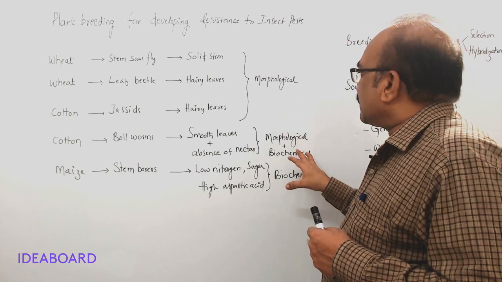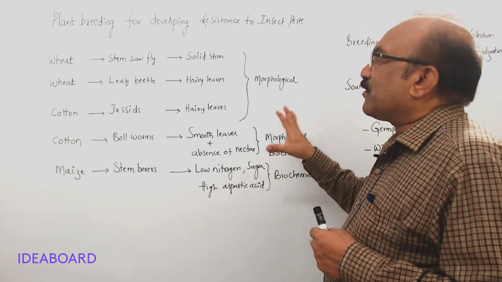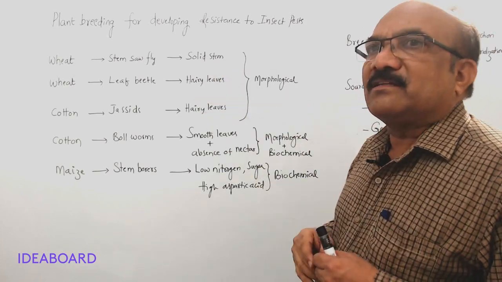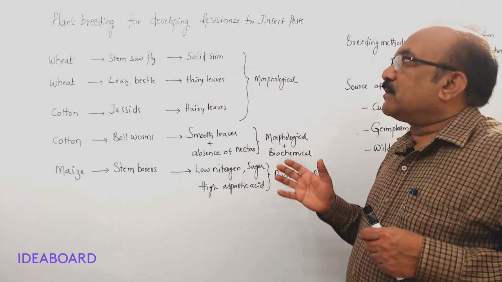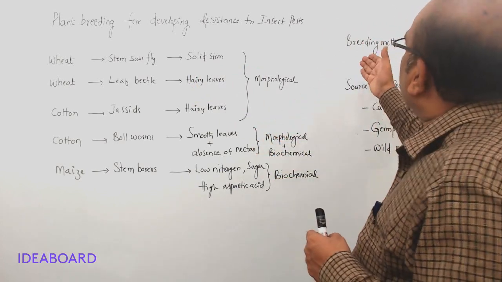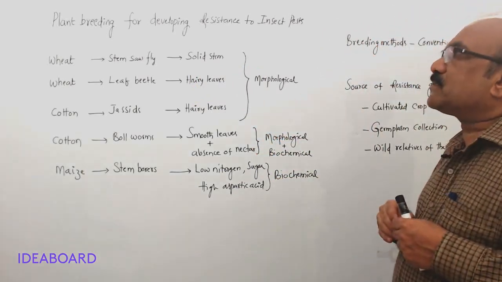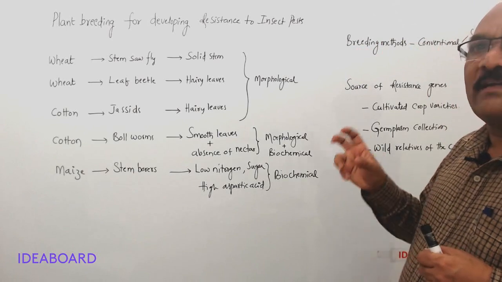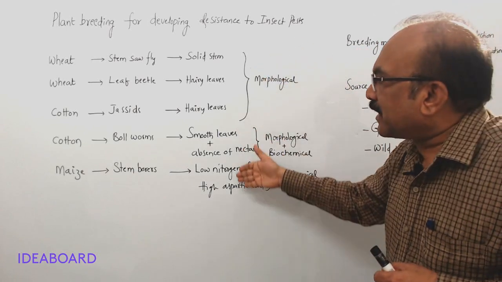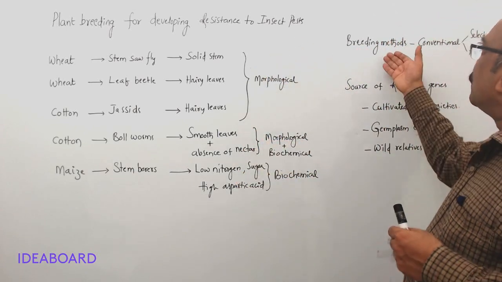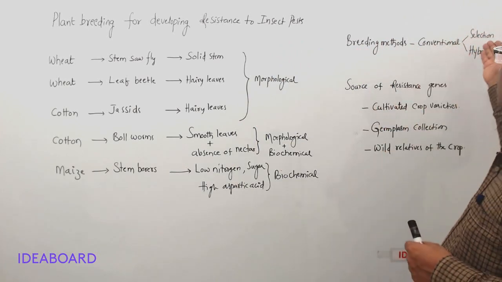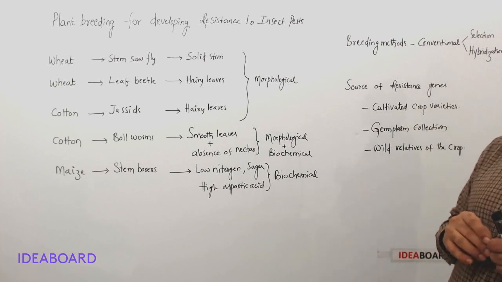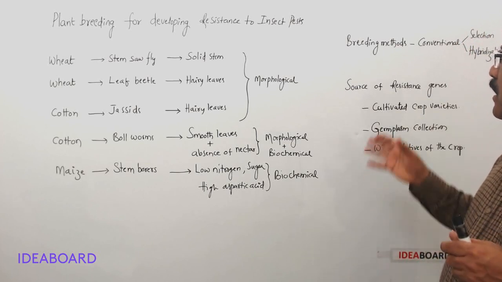All these are under the control of genes of certain varieties of these plants. What methods have they used for developing varieties with these characters? They have used conventional methods, which include selection and hybridization.